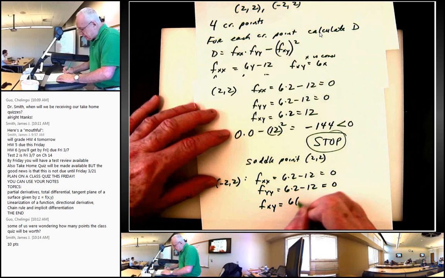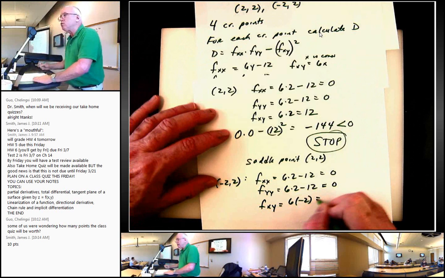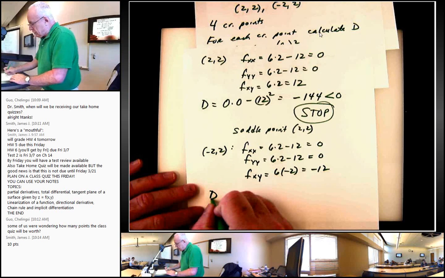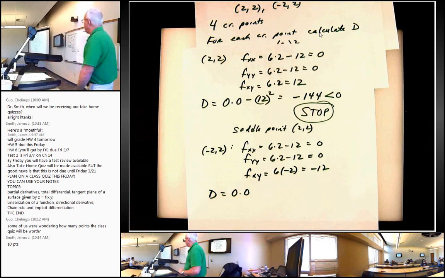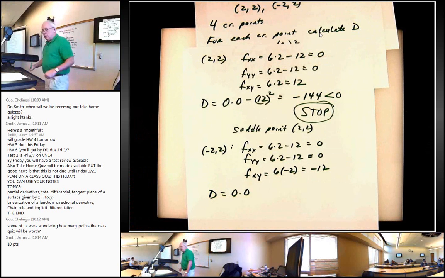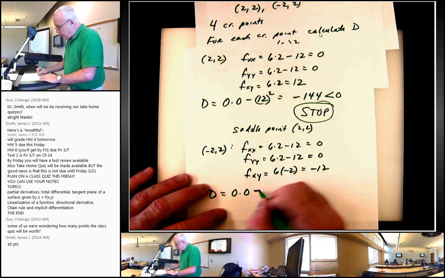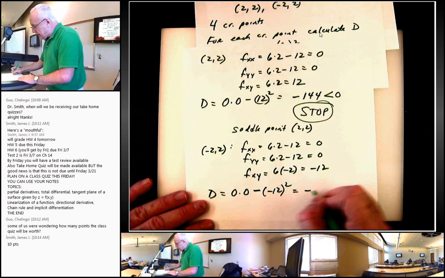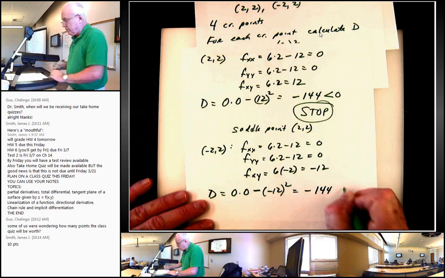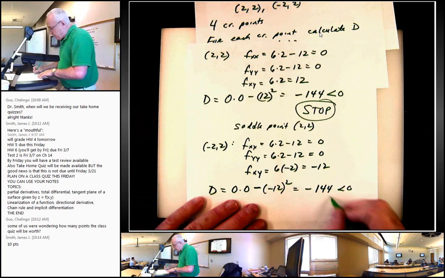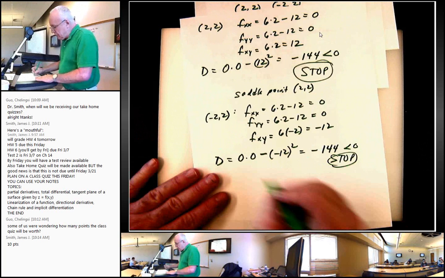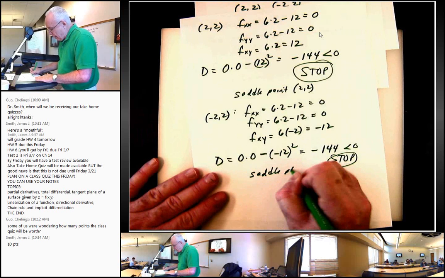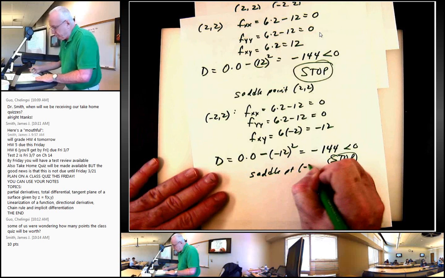Now that's going to be 6 times minus 2, which is negative 12. D again is going to be 0 times 0, fxx times fyy, minus, now be careful here, minus squaring negative 12. Well, that's going to equal minus 144. So again, we can stop right there for that critical point. D is negative, so we have a saddle point at minus 2, 2.